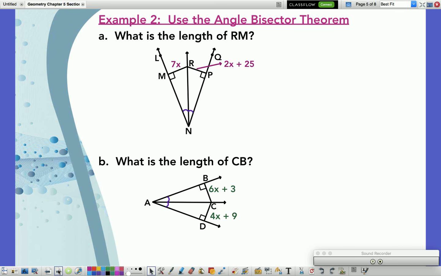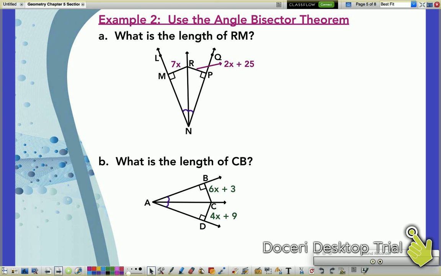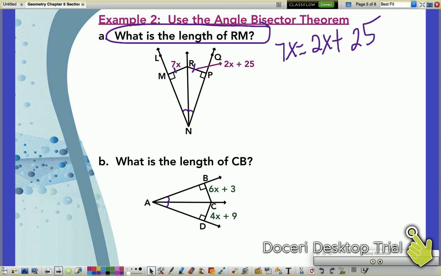So basically, use the angle bisector theorem. There's a bisector, so I know that this and this are congruent. But once again, it wants the length of RM. So I know that they're congruent.